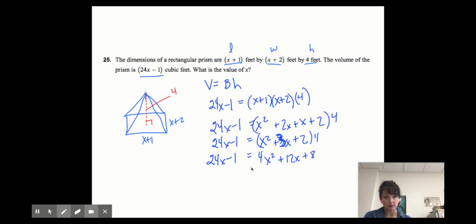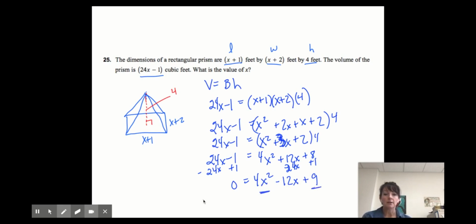Now we need to make it equal to 0 to solve for x. So we're adding 1 to the constant. We are subtracting 24x from the like term. So we'll get 0 is equal to 4x squared minus 12x plus 9. Perfect square, perfect square.